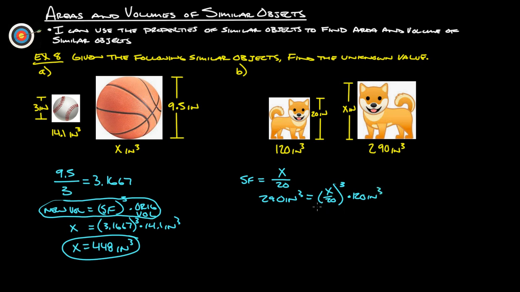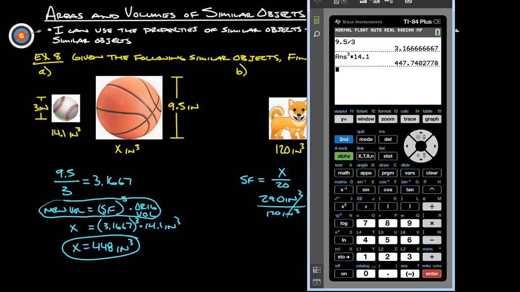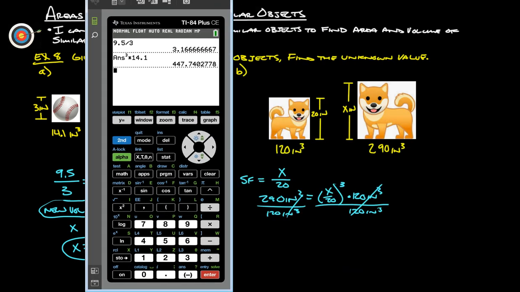Okay, so now we got to solve this thing. Just like we did on the previous example, divide both sides by 120. All right, 120 inches cubed, those go away. 290 divided by 120 gives us 2.4167.